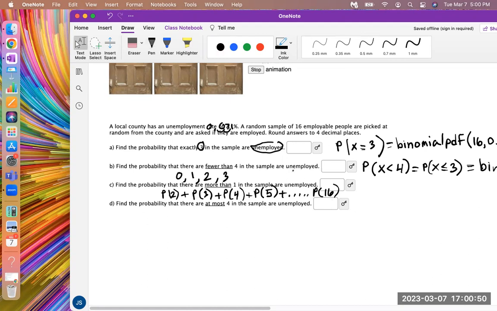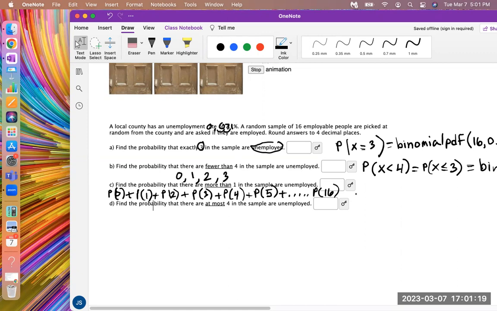All of these together, the probability of 0 people being unemployed out of 16, plus the probability of 1 being unemployed, and so on, have to equal 1 whole, because it's the total of all possible outcomes that could happen.